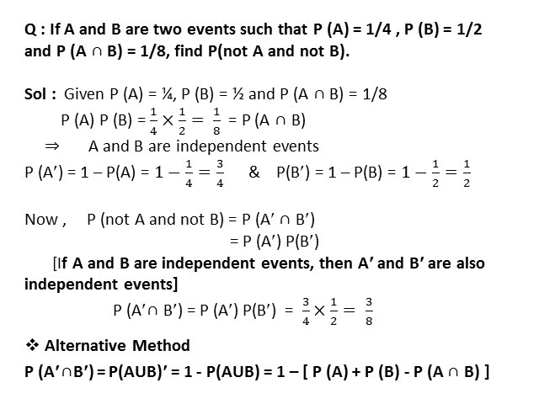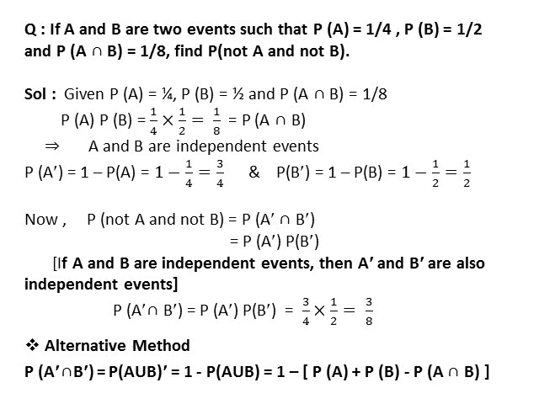Students, you can also solve this question using an alternative method. That is, using De Morgan's law of sets, probability of A complement intersection B complement is equal to probability of (A union B) whole complement.